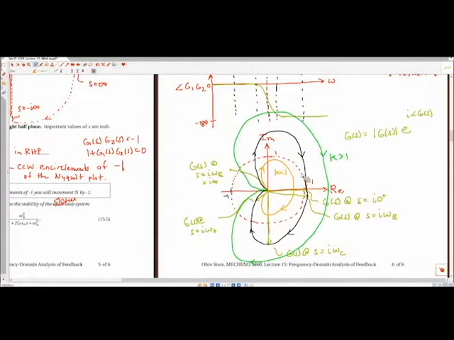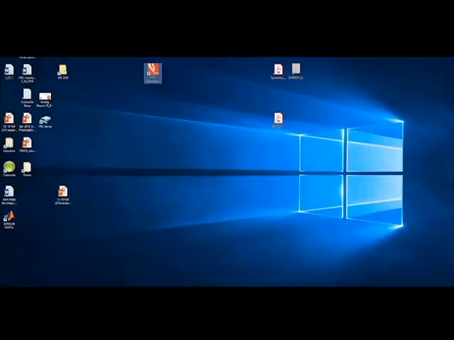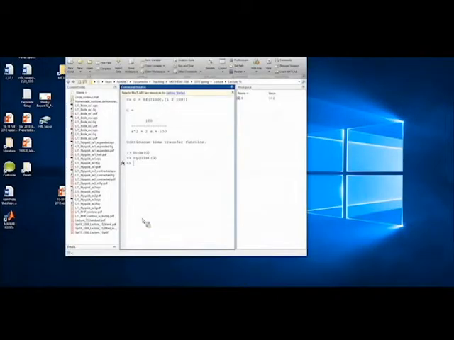And just to show that in software, if I were in MATLAB, I change G, and say instead of 100 in the numerator, I change this to 200, and say hold on, Nyquist G. By changing the numerator from 100 to 200, I've doubled the gain.